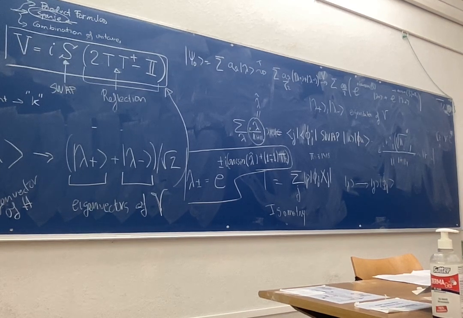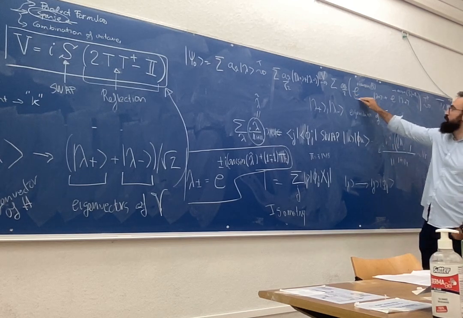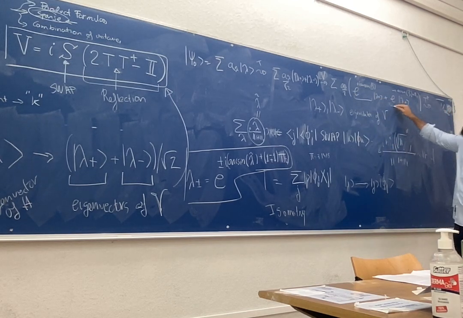Okay. So the next step that we would like to apply is T-dagger. But we cannot apply T-dagger because the phase of this one and the phase of this one are different.